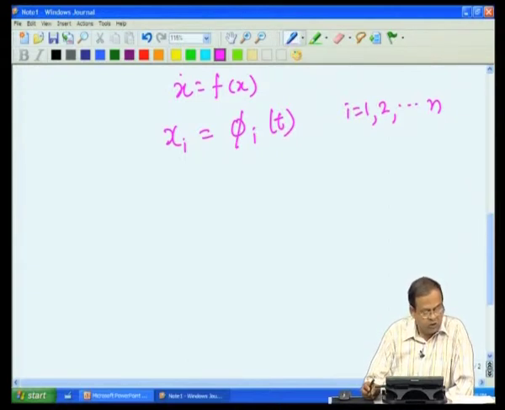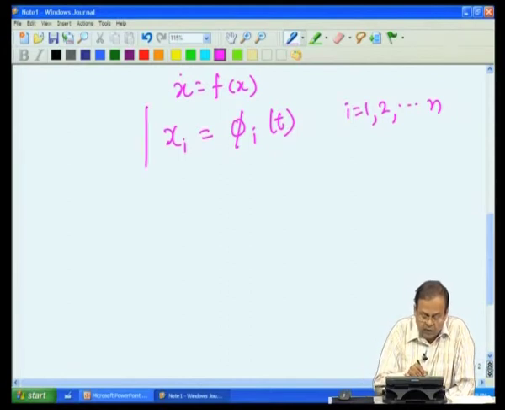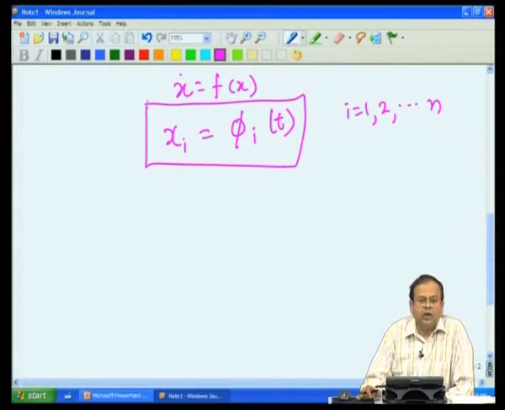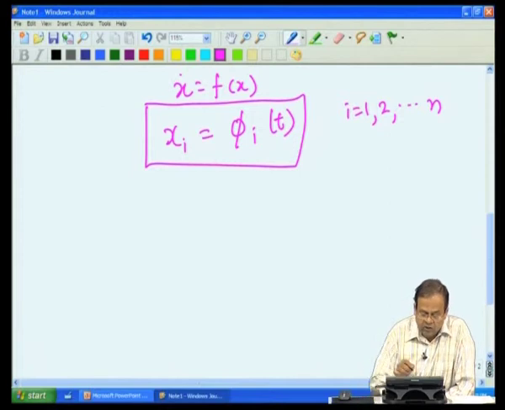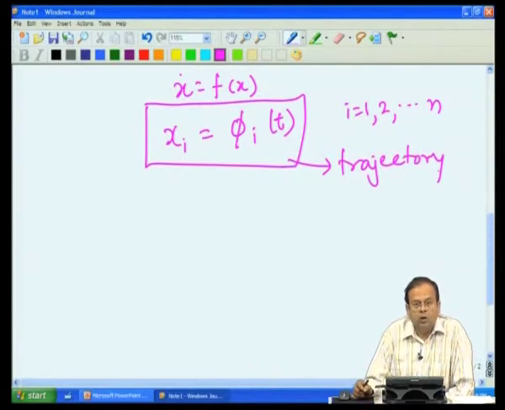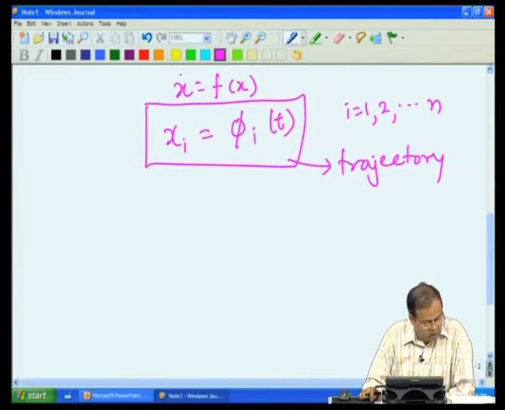So, what these trajectories imply is a movement in n dimensional space of how x will change as time progresses. This x i as phi i of t is referred to as the trajectory of x i, that is, how x i changes with time.